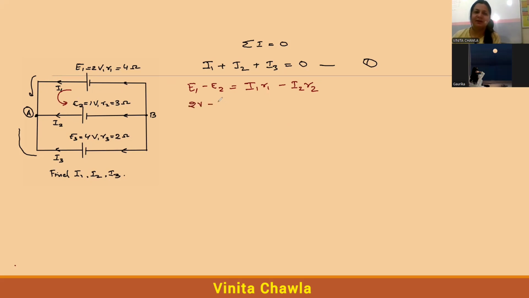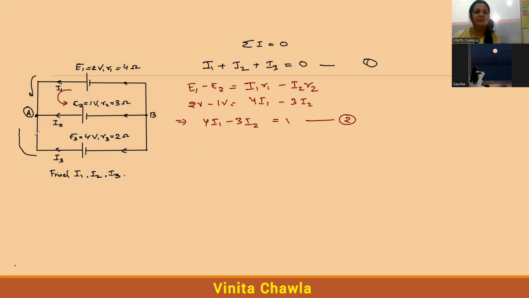E1 is 2 volt and E2 is 1 volt. I1 we don't know, we have to find out. And this is 4. So 4 I1 minus 3 I2. So we can write this equation as 4 I1 minus 3 I2 is equal to 1. Let this equation be 2.